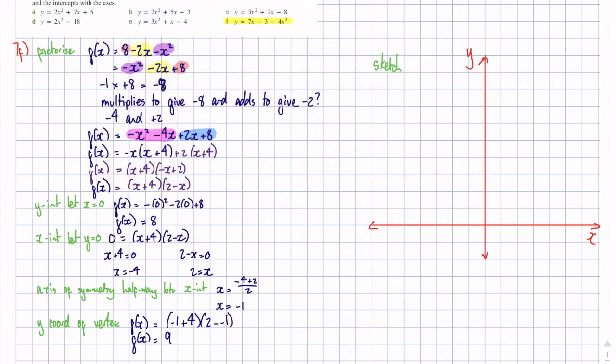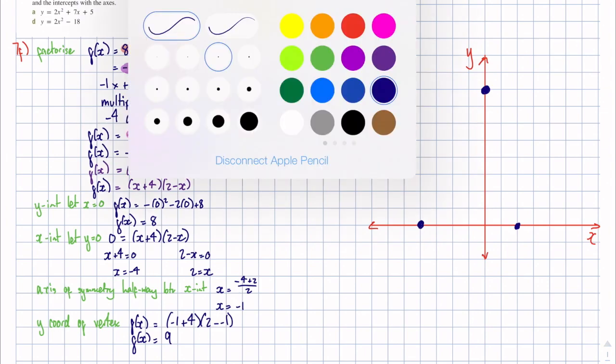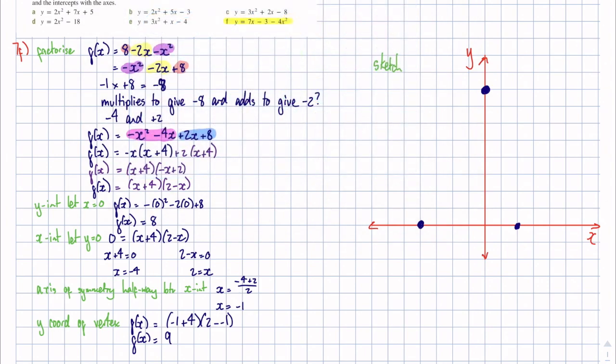So my y-intercept is positive 8. 1, 2, 3, 4, 5, 6, 7, 8. So that's my y-intercept. That's where it's going to cut through. My x-intercepts are negative 4 and positive 2. And in a different colour, I'm going to mark on my axis of symmetry, which is x equals minus 1. So it's going to be somewhere along this line. The y-coordinate of it is positive 9. So it's going to be here and it's going to go downwards.